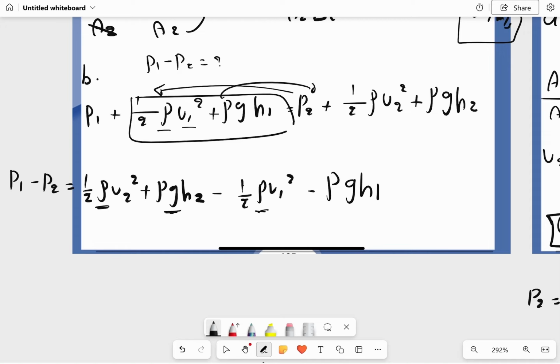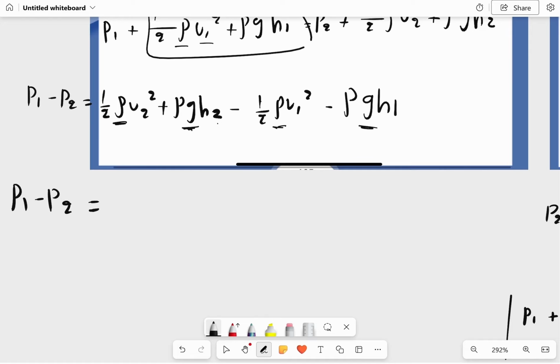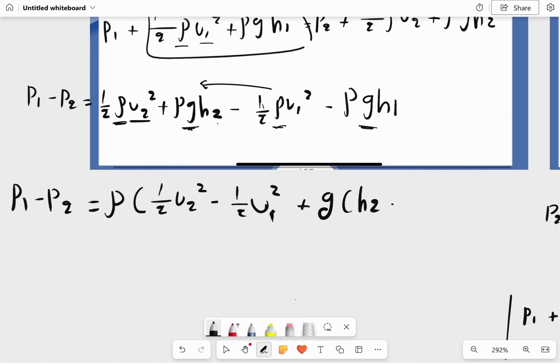And gravity is common between these two, so I can take gravity as the common factor, and this one becomes H2 minus H1. The final equation will be like this: P1 minus P2 is equal to rho times 1/2 V2 squared minus 1/2 V1 squared, plus g times H2 minus H1.